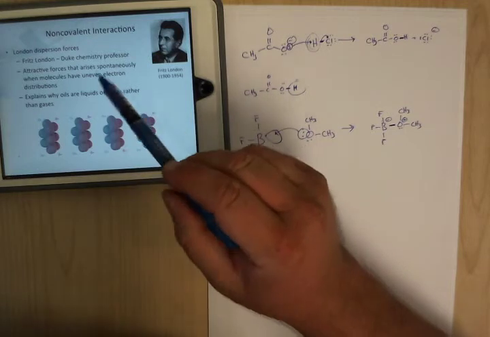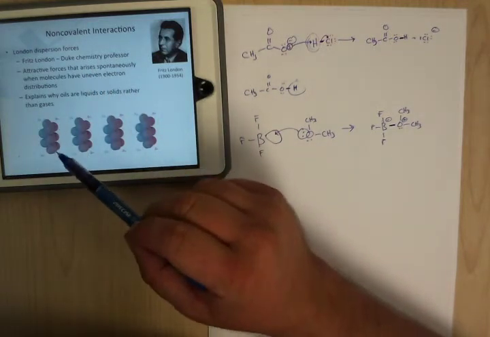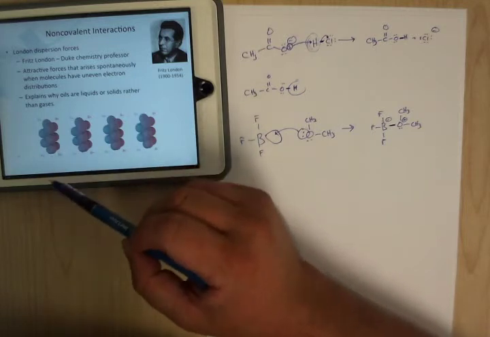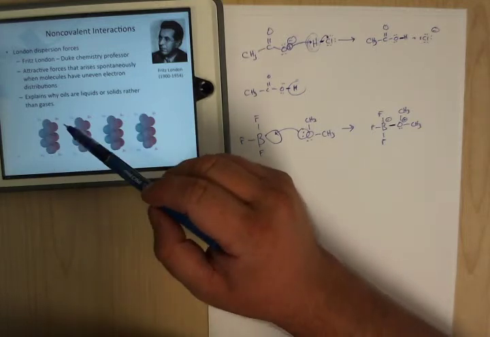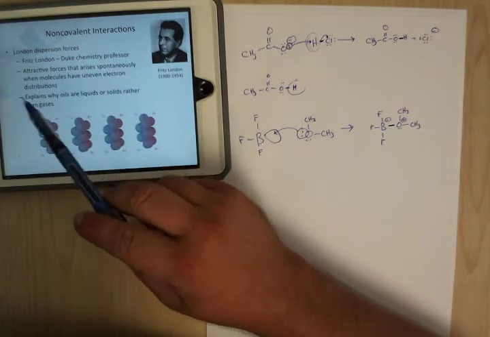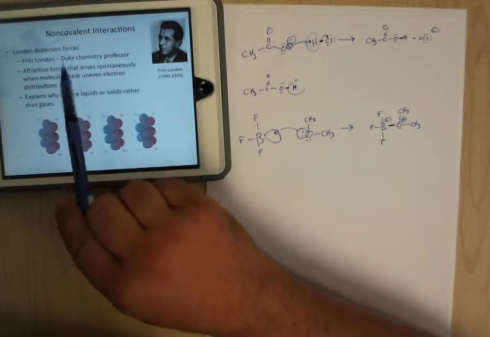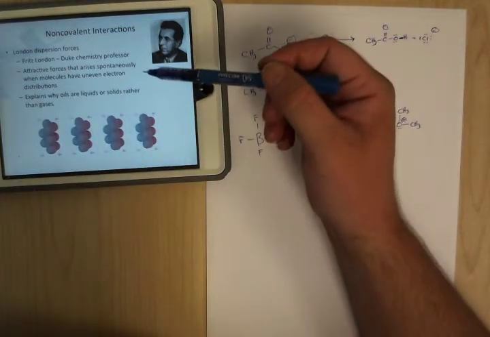The other thing we can get are these very spontaneous and very instantaneous positive and negative charges, even with molecules that don't have polar bonds. This was discovered by Fritz London. He's a Duke chemistry professor. He would have won the Nobel Prize, but he died before he had a chance.